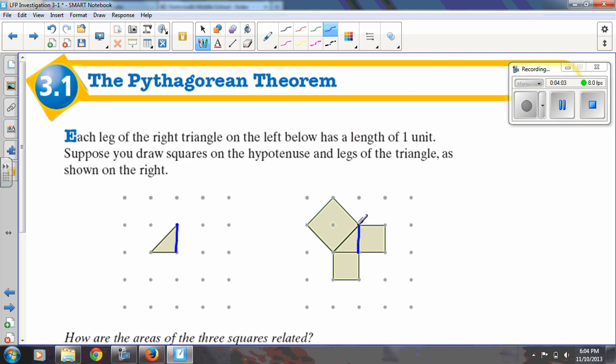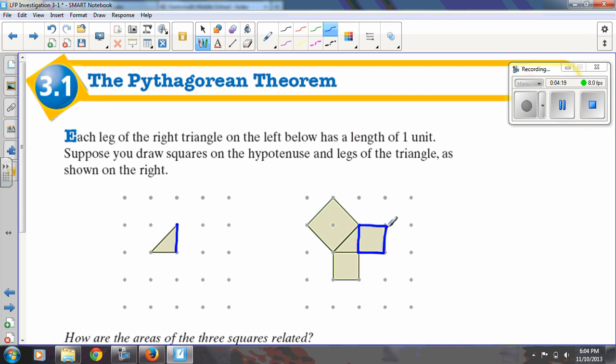Our other method that we've discovered is we can make a square off of that line segment, find the area of that square, and then find the distance of that side. I'm going to show you that method right now.